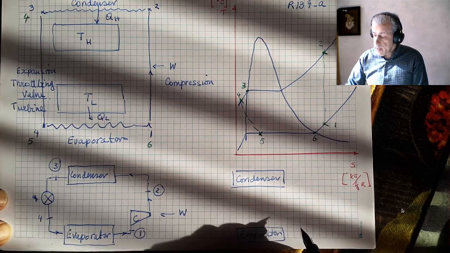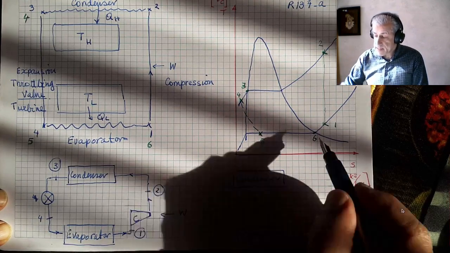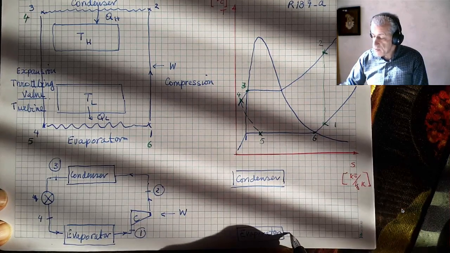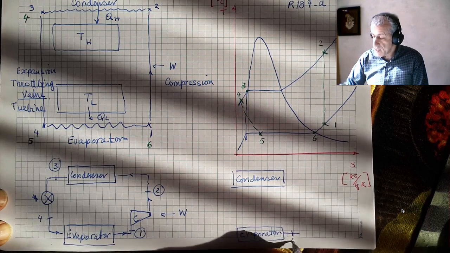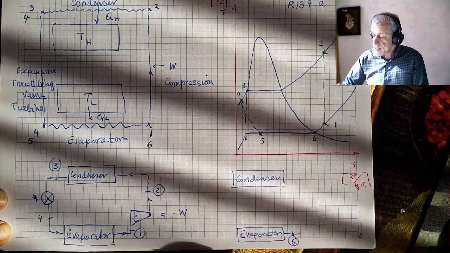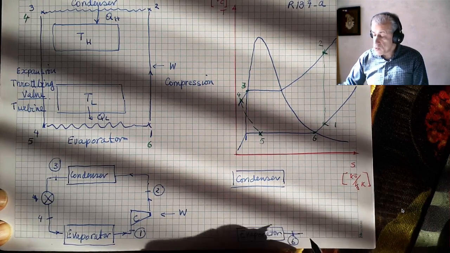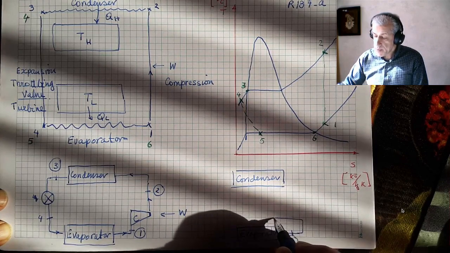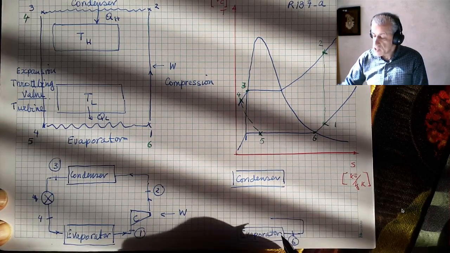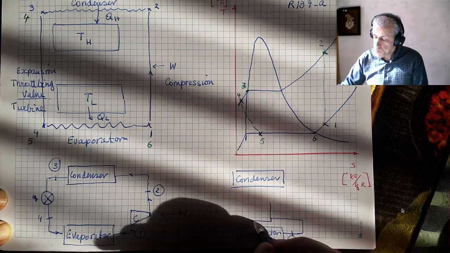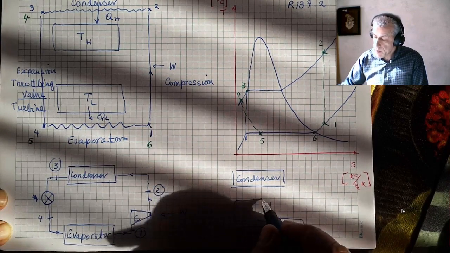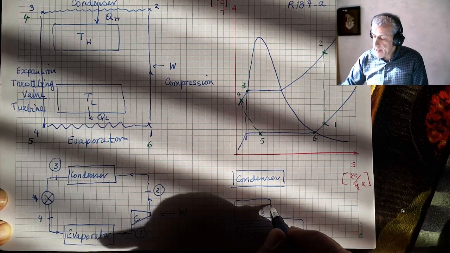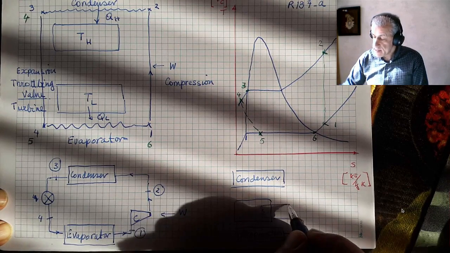Now, whatever goes out of the evaporator, which is here, point 6, first goes to a heat exchanger. Let's put a heat exchanger here. It goes to a heat exchanger and collects some heat.